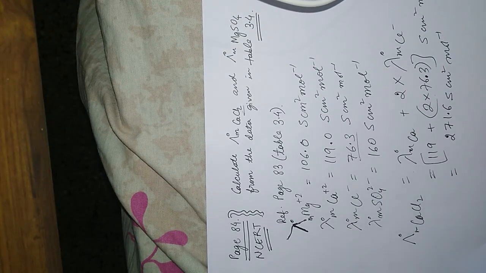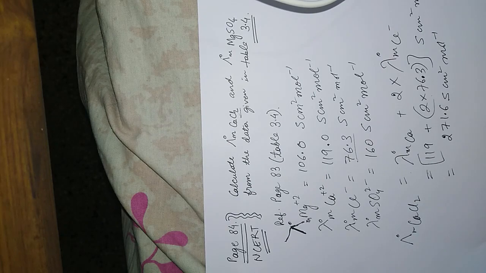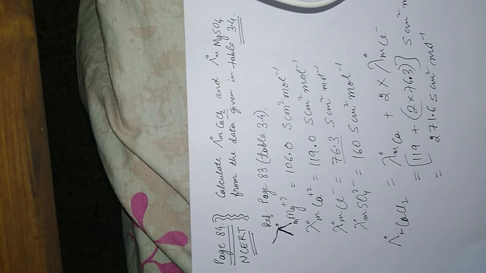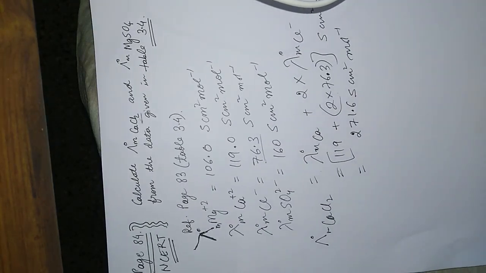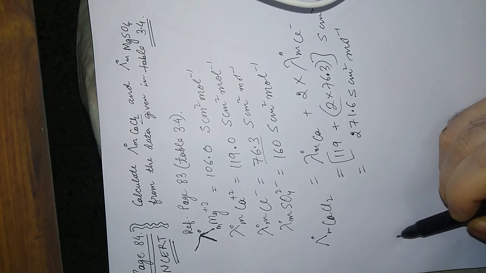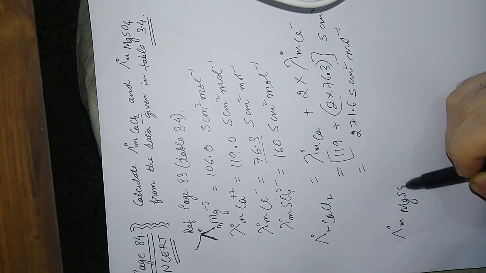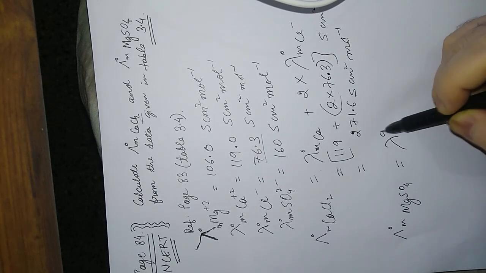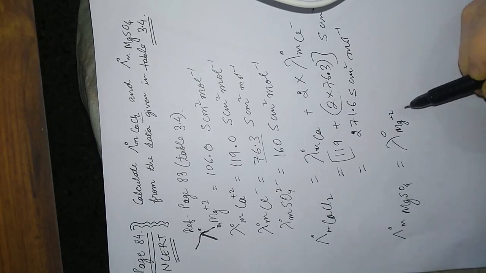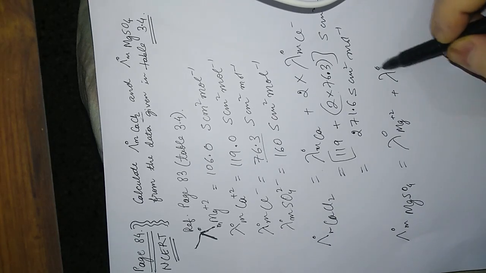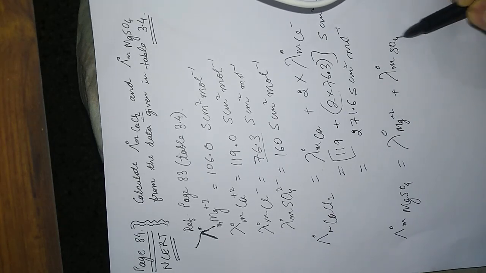Part 2 of the question is you have to find out lambda m for MgSO4. This will be lambda m for Mg2+ plus lambda m for SO4 2-.